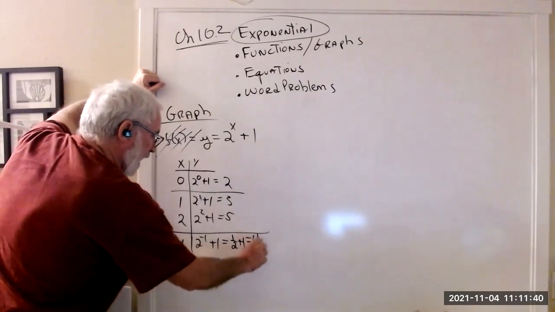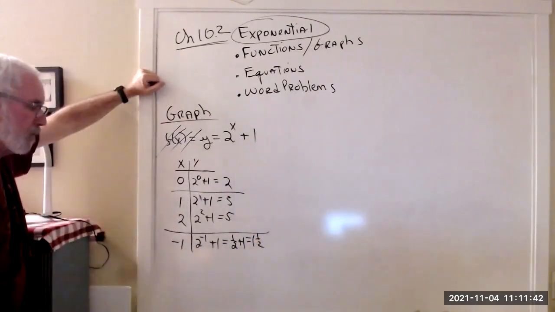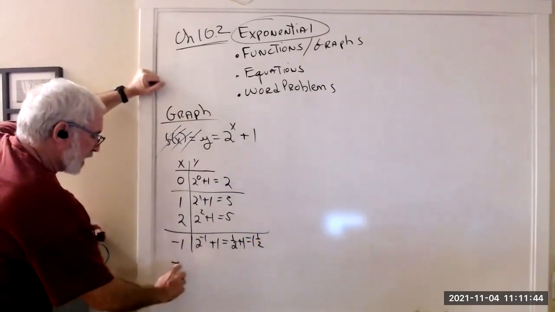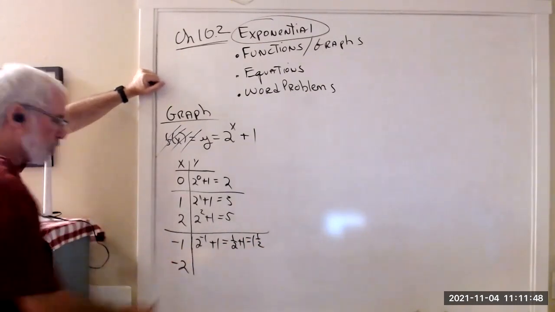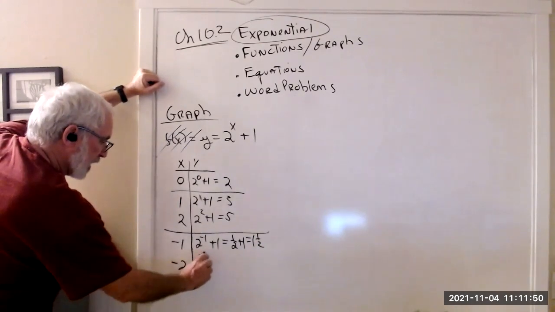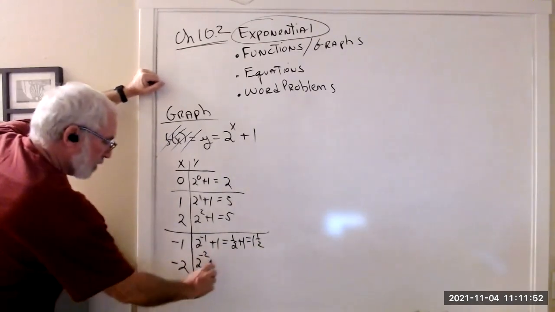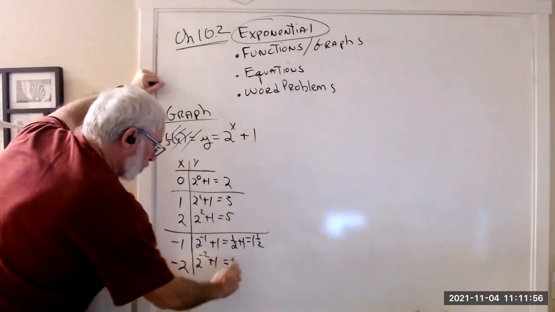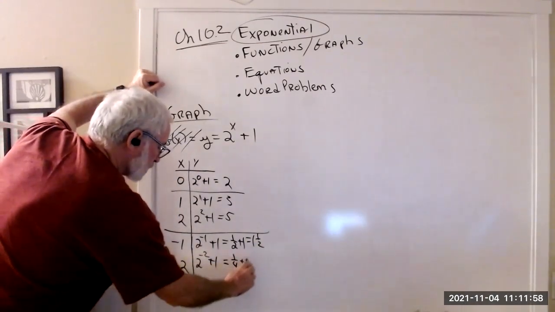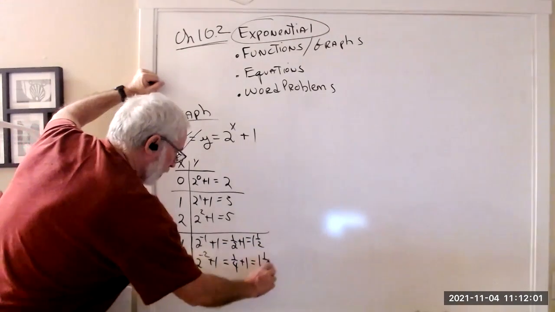So this is 1/2. What if x is negative 2? So this is 2 to the negative 2 power plus 1. This is 1/4 plus 1, which is 1 1/4.